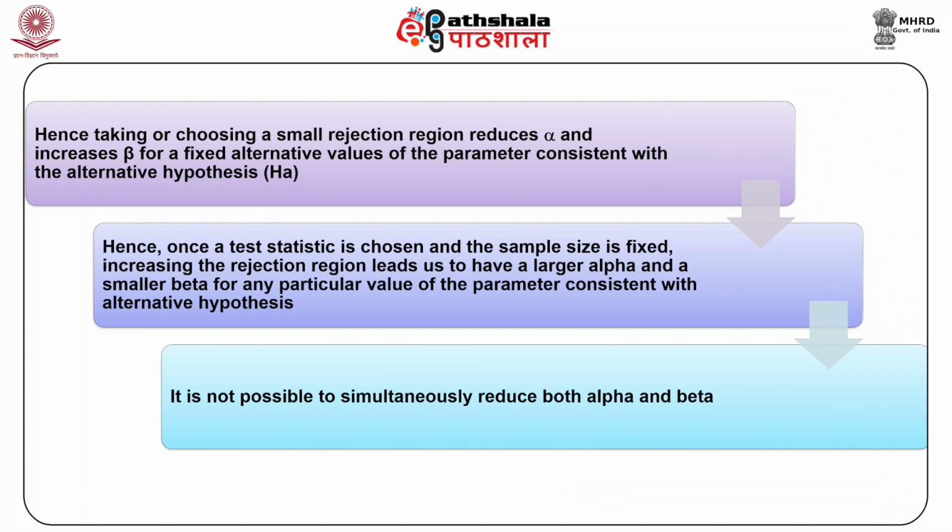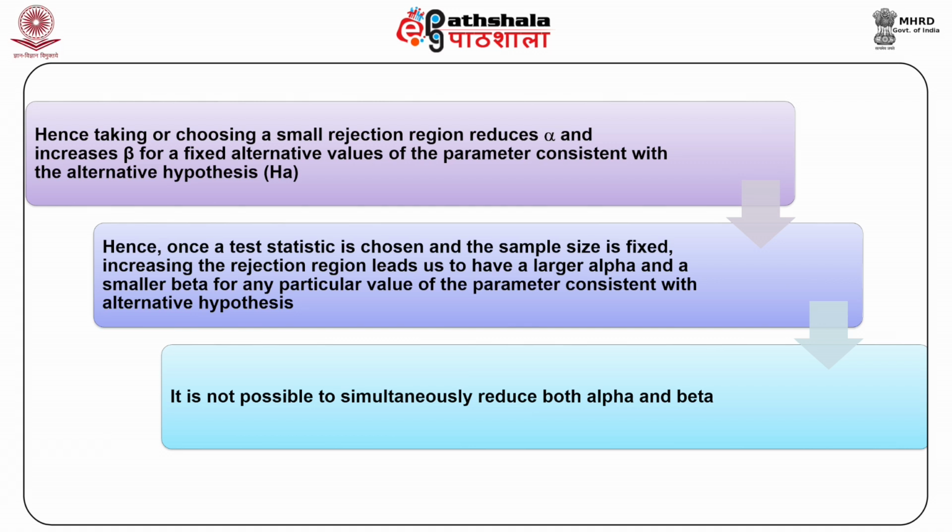Significance level. Hence, choosing a small rejection region reduces alpha and increases beta for fixed alternative values of the parameter consistent with the alternative hypothesis HA.